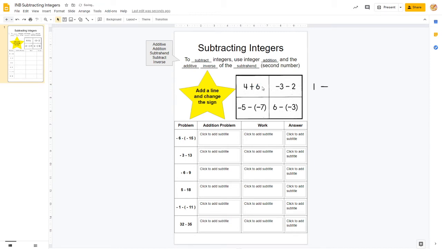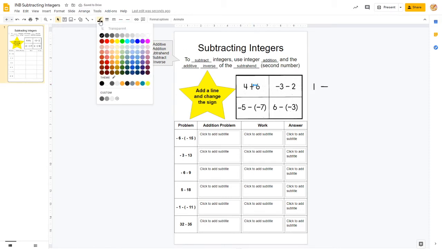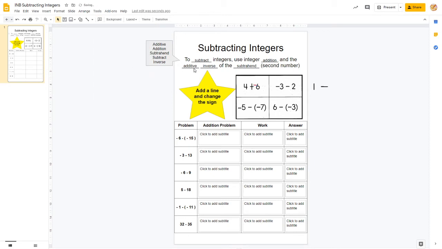This is not working out for me, so I'm going to change the color so it stands out a little more. I'm going to change it to a red. There we go.